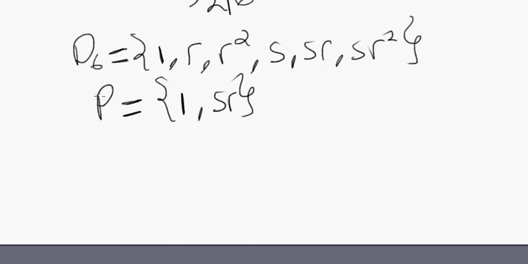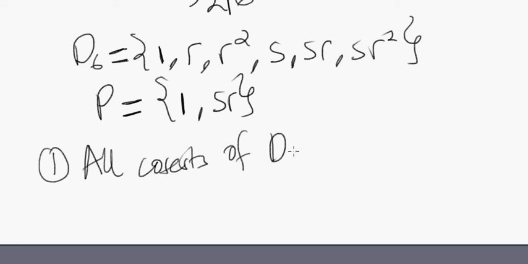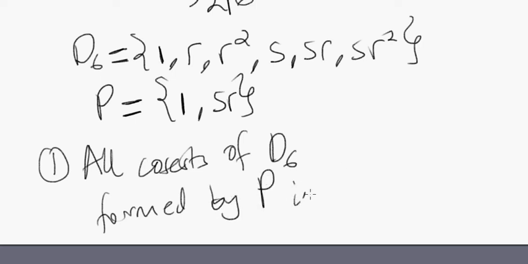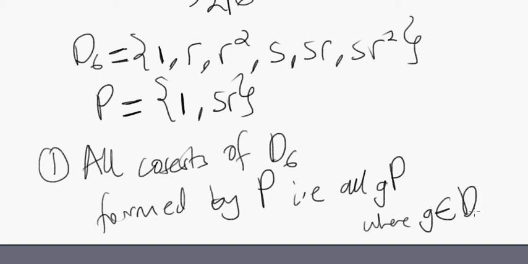So here's a task for you to try out. One, figure out all the cosets. Write down all possible cosets of D6 formed by P. That is, all cosets GP, where obviously G is an element of D6. First write down all possible cosets.